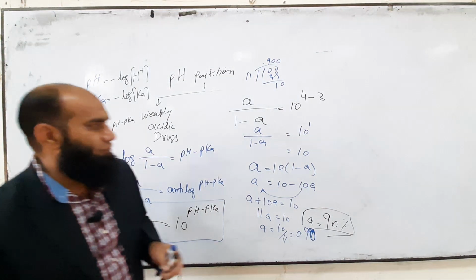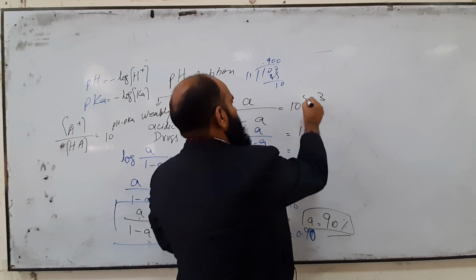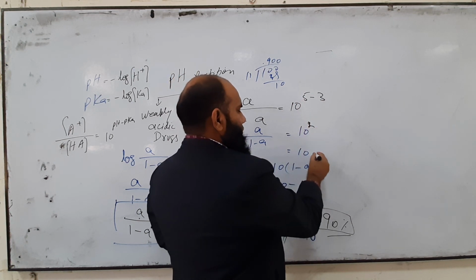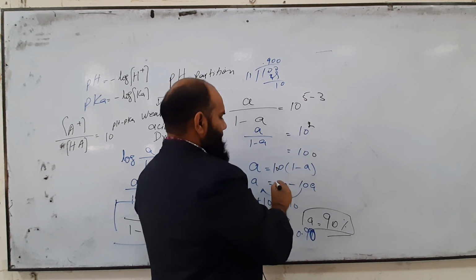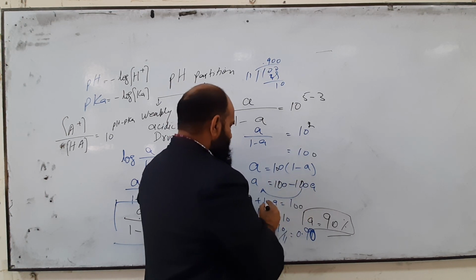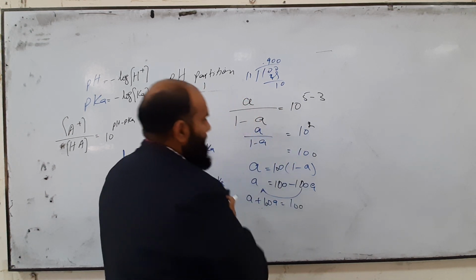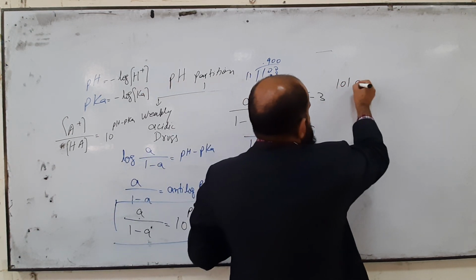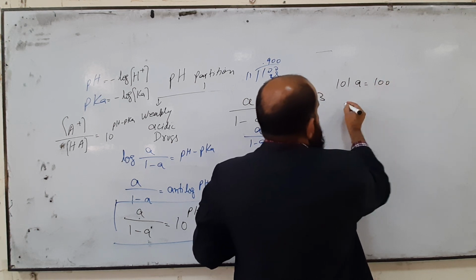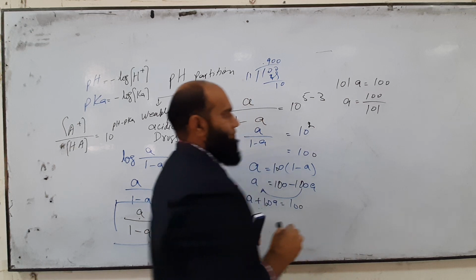Then we get the difference of the two, which is 2, and 10 raised to power 2 is equal to 100, so we get 100 and 100A. I will solve from here. Now it's 101A is equal to 100, so A is equal to 100 by 101.